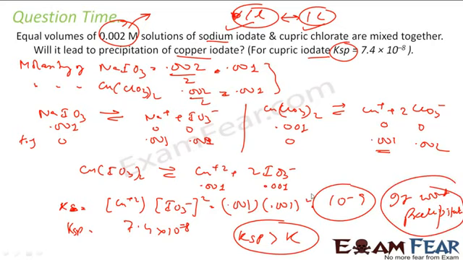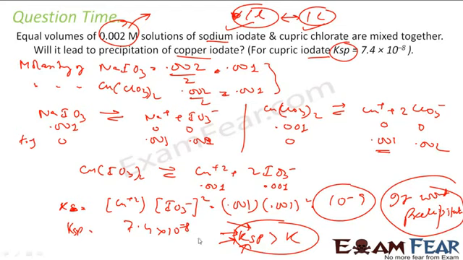If Ksp had been less, it would have precipitated. Because if the ionic product exceeds the solubility product, it precipitates, but here the solubility product is more.